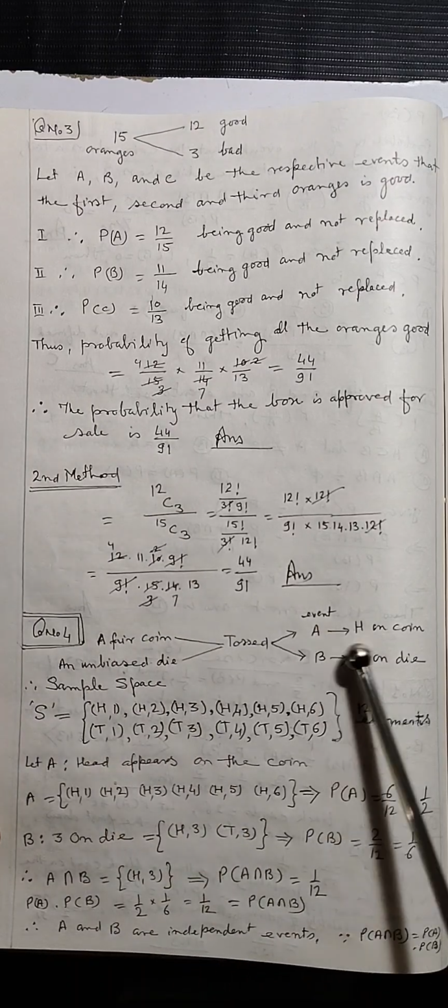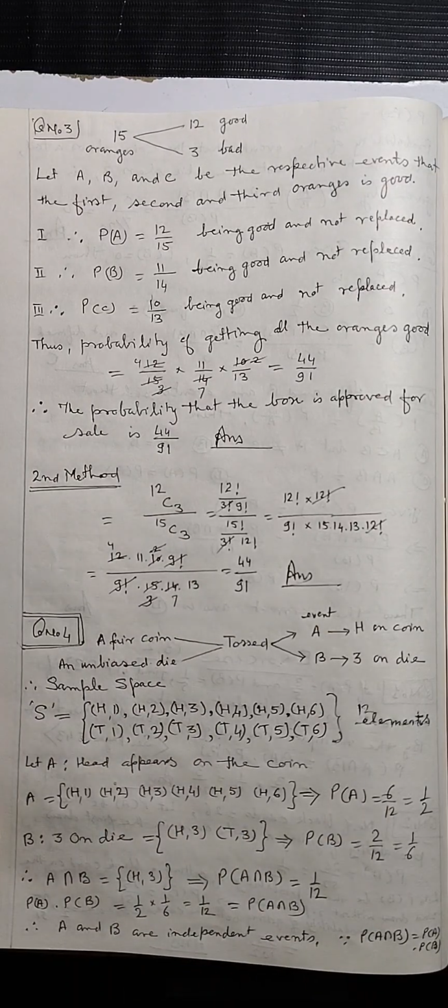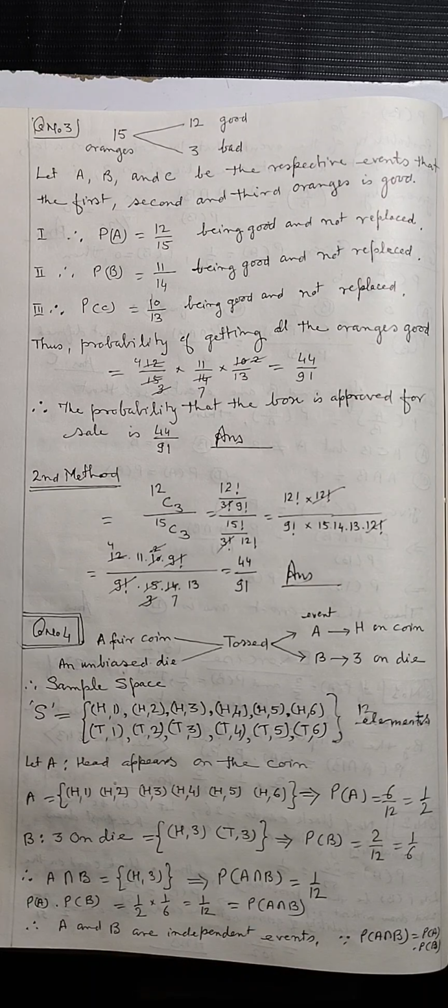Now question number 4. A fair coin and an unbiased die are tossed. Let A be the event, head appears on the coin, and B be the event, 3 on the die.